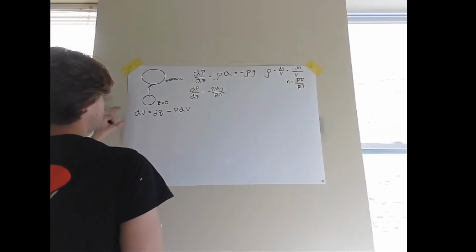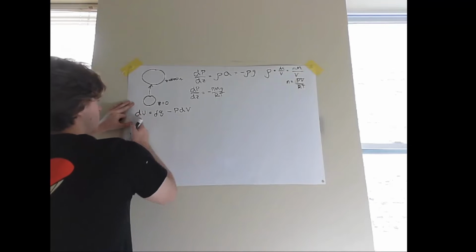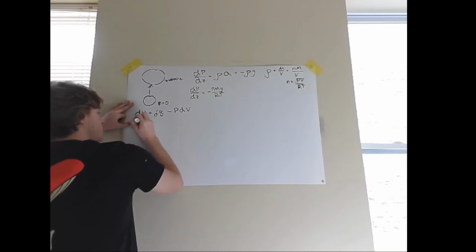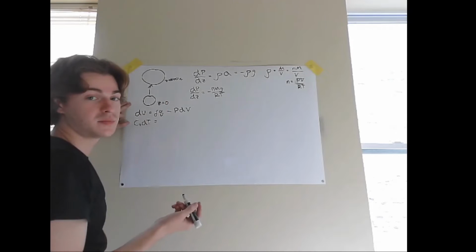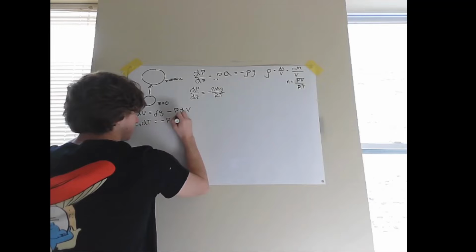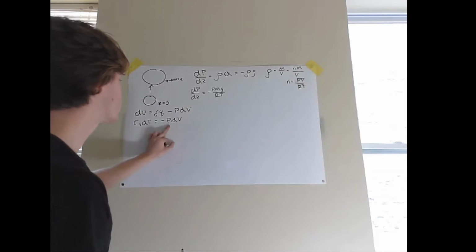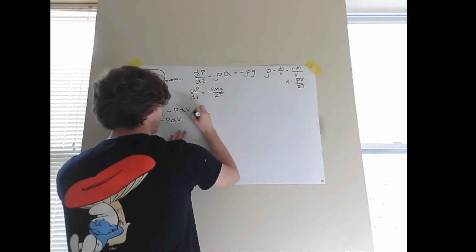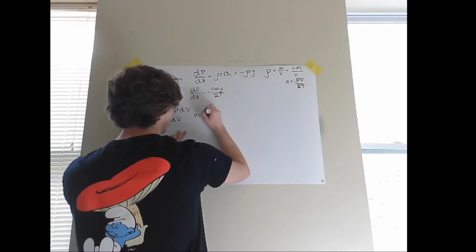In this case, since it's an ideal gas, the change in internal energy only depends on temperature. We're going to rewrite that as CV dT. Q is equal to 0 because it's an adiabatic reversible expansion, and we're just left with pressure times volume. Now we can use gas laws again to rewrite pressure. So P is going to be equal to RT over V.